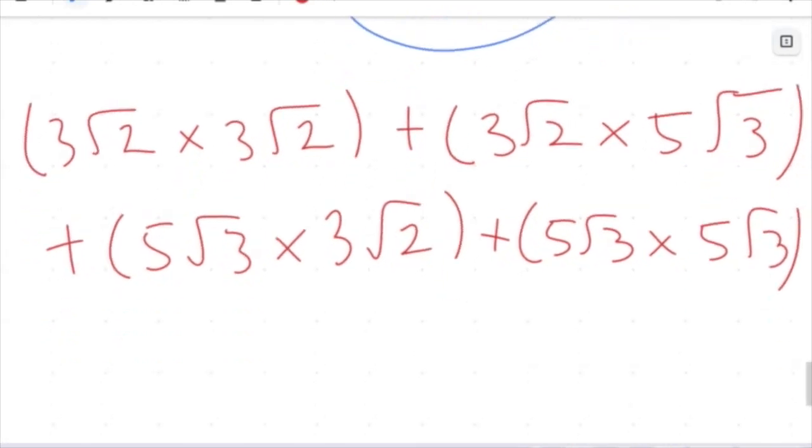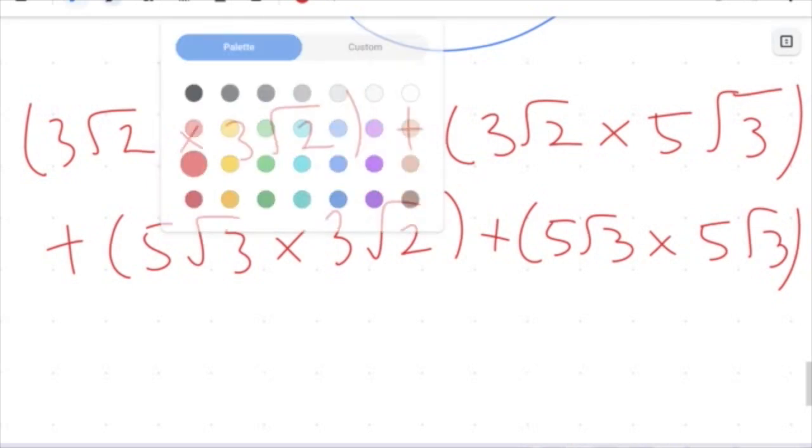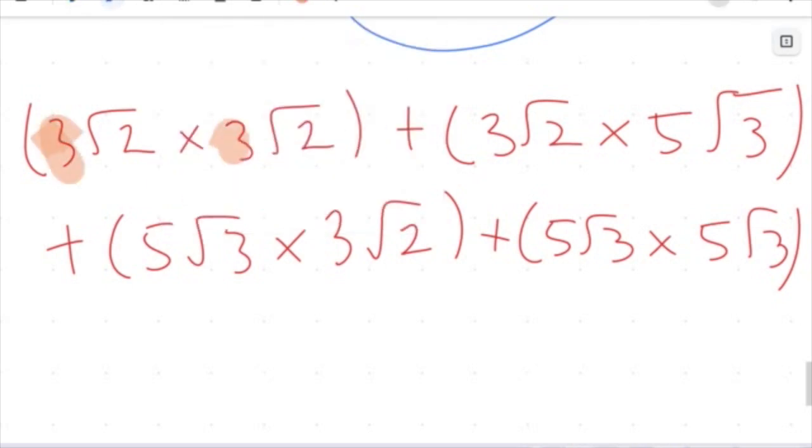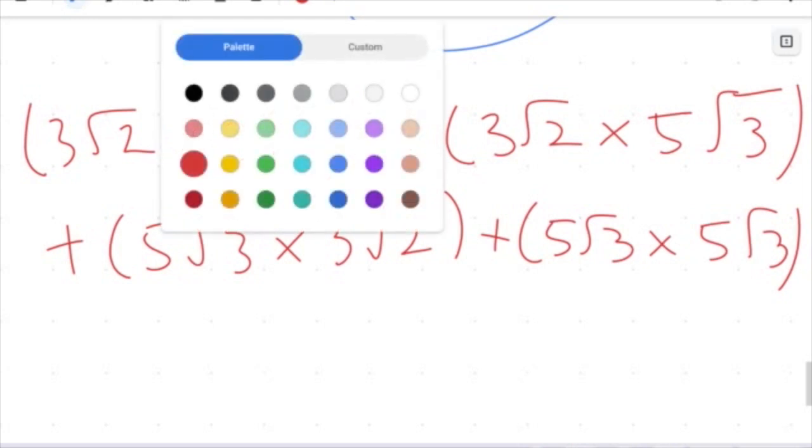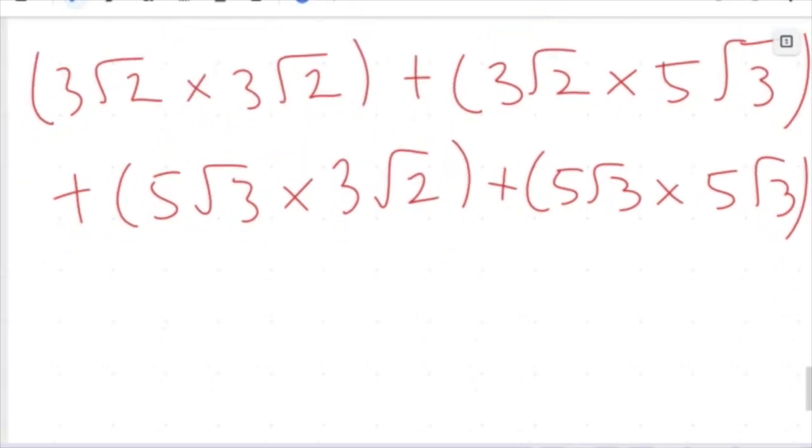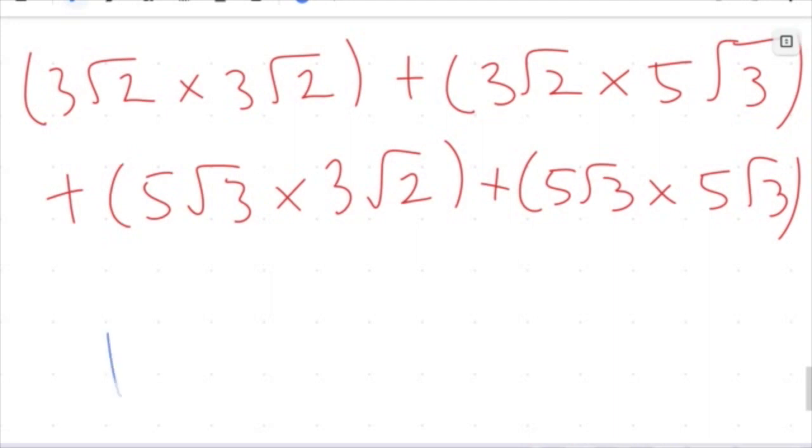Okay. Now, this first term, my outside numbers are going to multiply. So 3 is going to get multiplied by 3. That gives me 9. And then root 2 times root 2 gives me 2. So that's going to be 9 times 2. That gives me 18. My next one, 3 root 2 times 5 root 3. The outside numbers are going to multiply. That gives me 15.